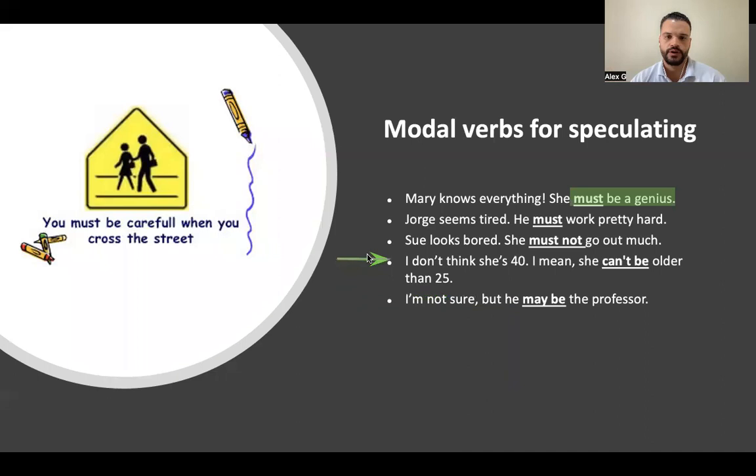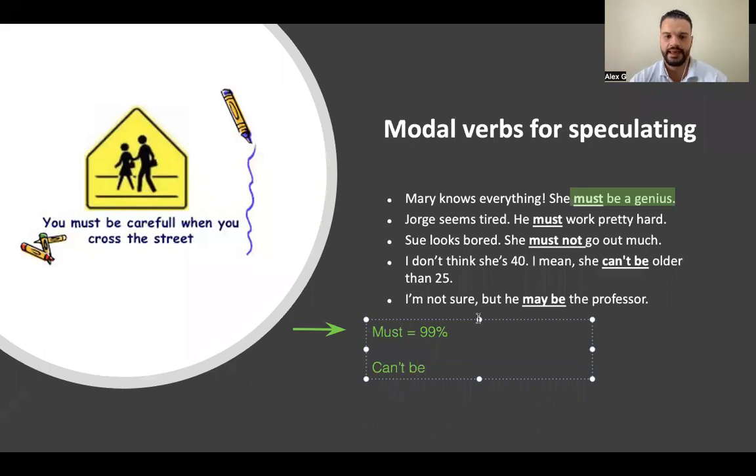So if we had to put these on a scale, we would say something like must is going to be when we are 99% sure, certain about something, right? Can't is obviously the opposite.